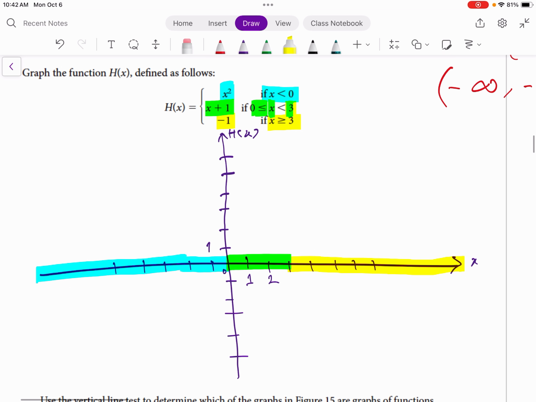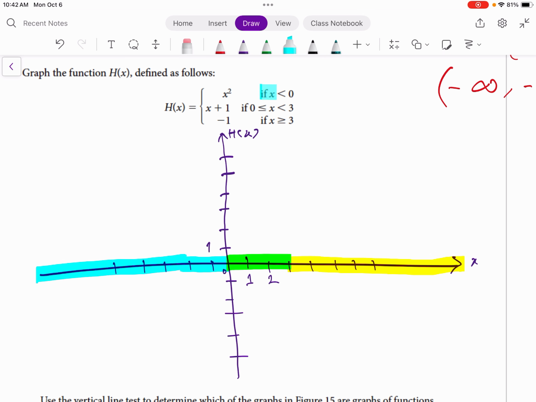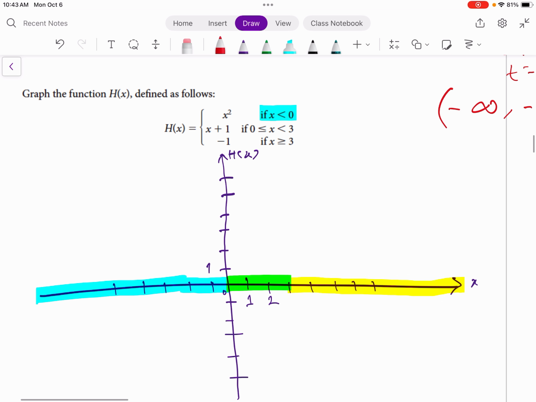Now let's start with our very first set of input, input less than 0. Let me write it down. Let's forget about the remaining 2, and we have h of x equals x square. Our x has to be less than 0.